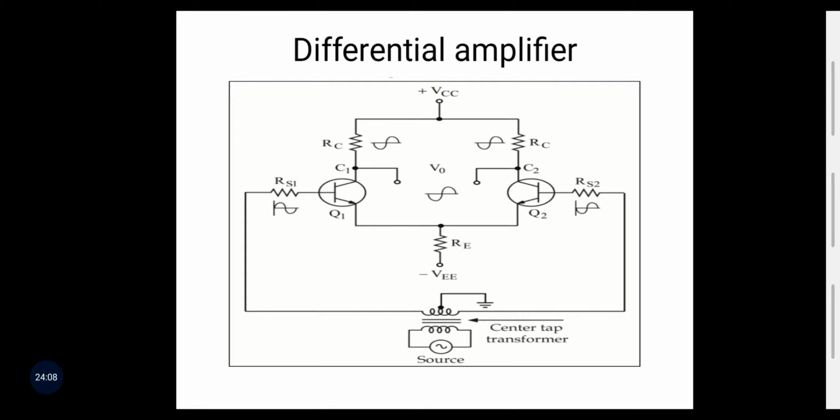As a common emitter amplifier, the input signal to Q1 will appear at output 1 as an amplified, inverted signal, as shown in figure 2.5. So here simply we get output voltage V0 equal to AD into V1 minus V2, that is, across collector Q1 and across collector Q2. The difference between these two collector signals appears as the output signal.